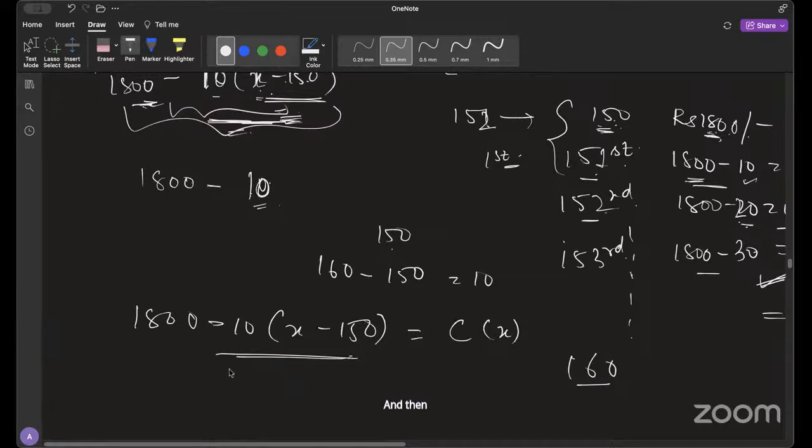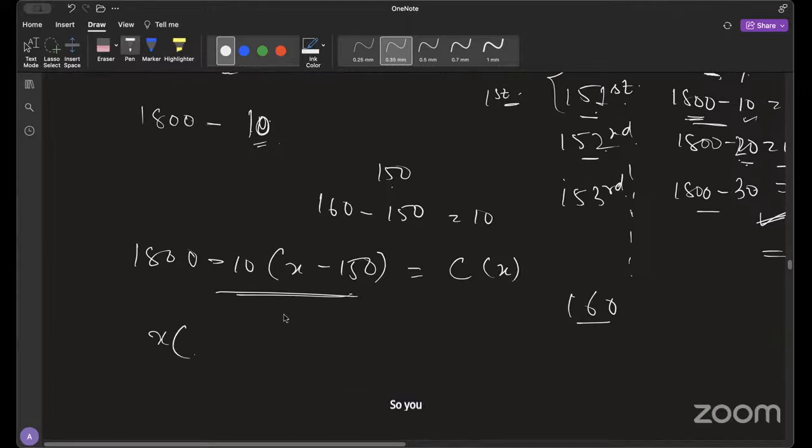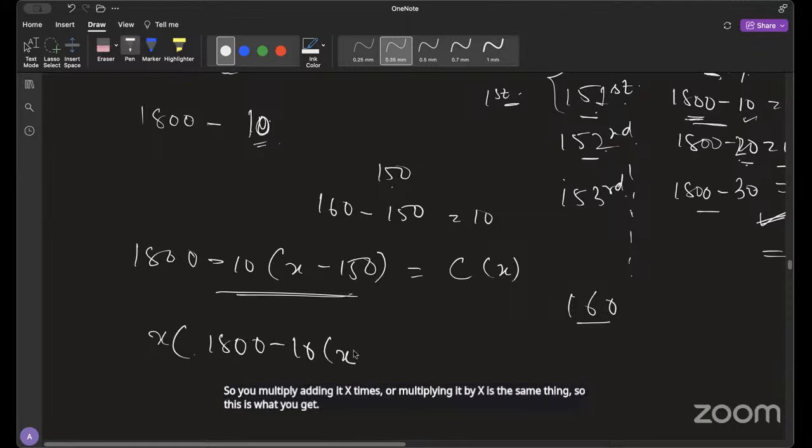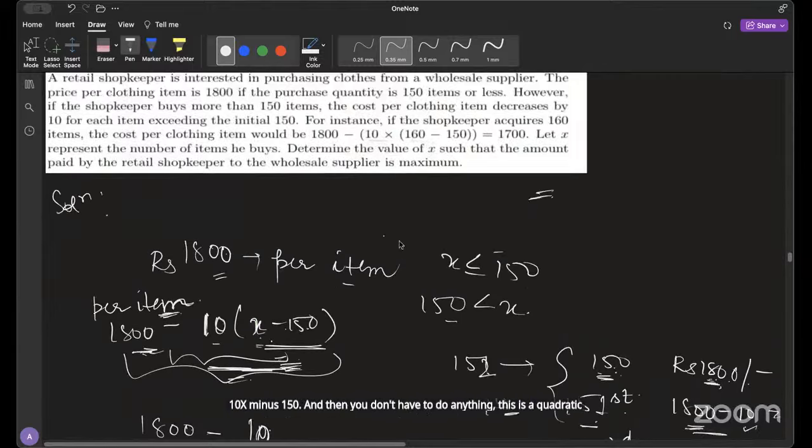And then if you add up all of them, these are X number of items, right? Adding it X times or multiplying it by X is the same thing. So this is what you get: 1800 minus 10 times x minus 150, times x. And then you don't have to do anything. This is a quadratic equation. You have to find the maximum of this. That's it.